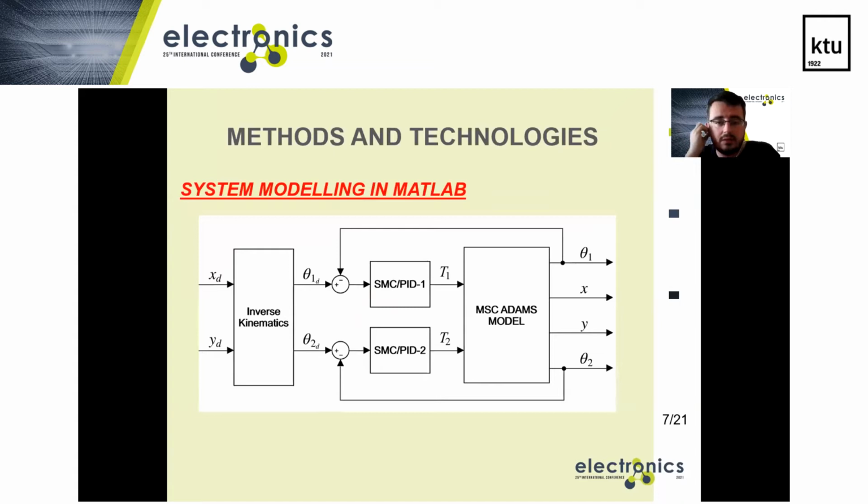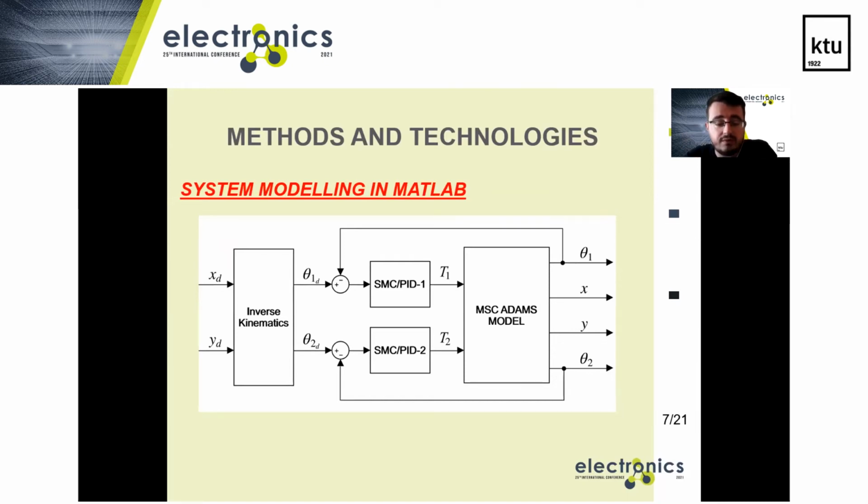We can look at the methods and technologies parts. Firstly, on the MATLAB Simulink side, we try to create this block diagram for the system control. As you know, for robot movements, there is a transformation between the position and the angles of the joints. These equations are named kinematics.